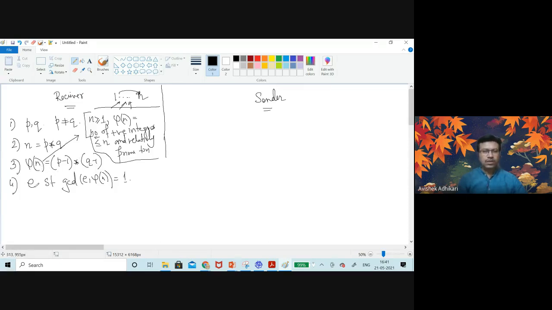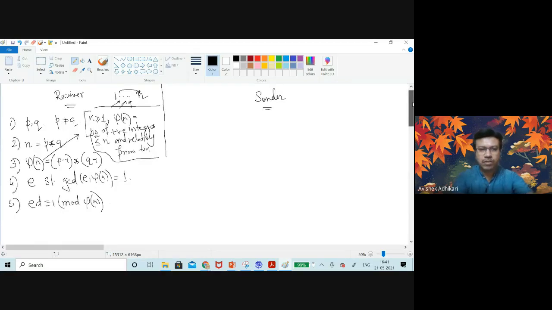So the girl then finds some e such that GCD of e and phi of n equals 1. Then she will compute d such that e d is congruent to 1 modulo phi of n. Now she completes her whole setup.